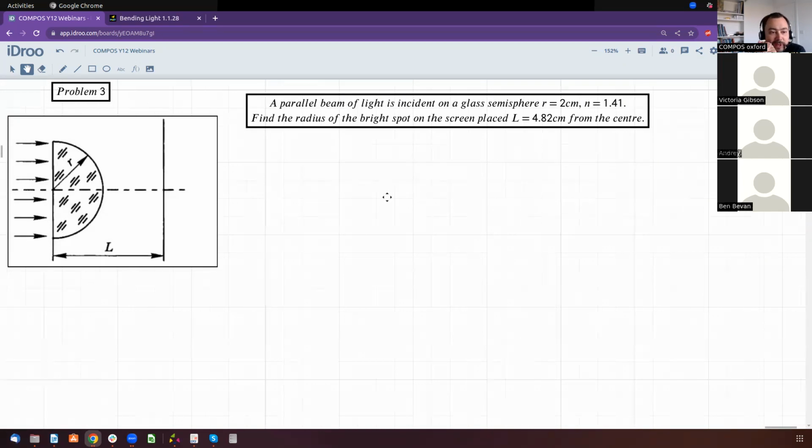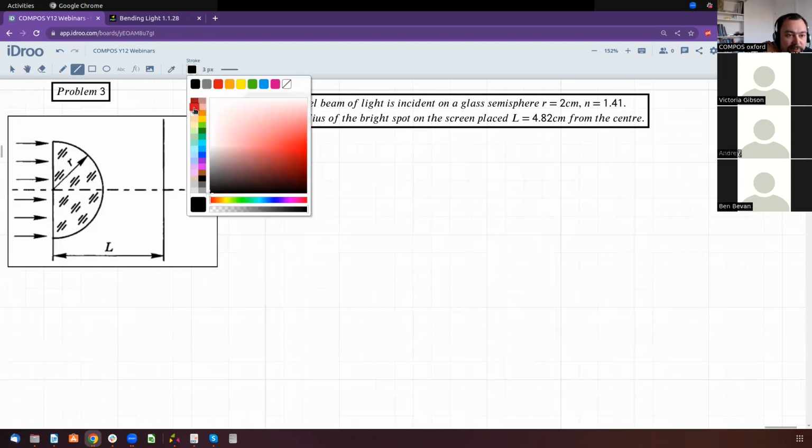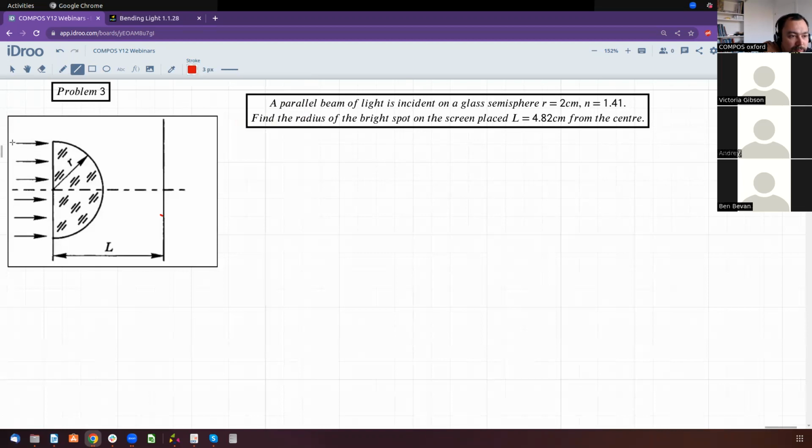So a parallel beam of light is incident on a glass hemisphere. So this is light incident on a hemisphere. And you need to find the radius of the bright spot, which can be seen on the screen.